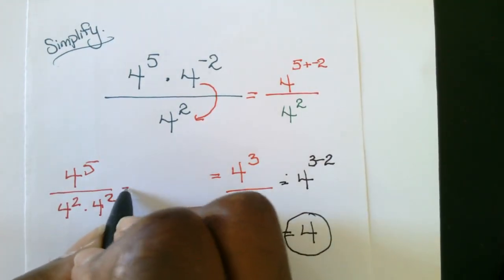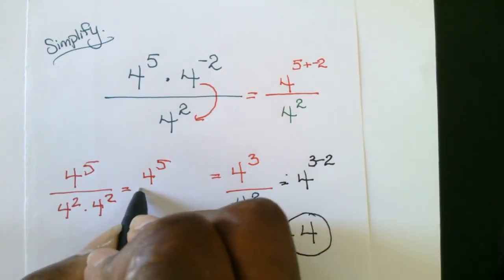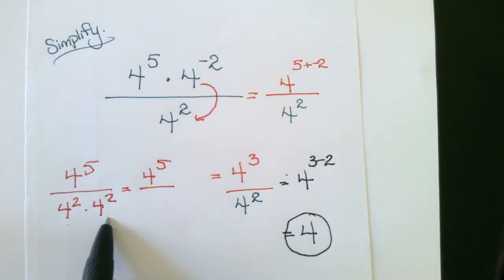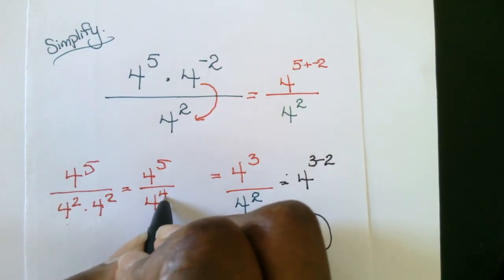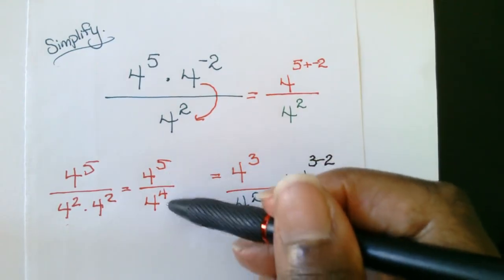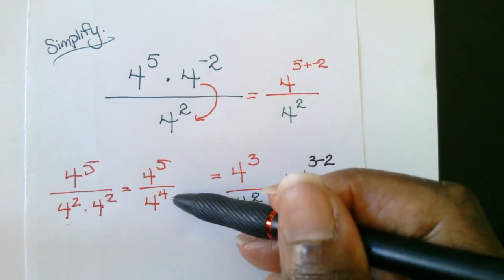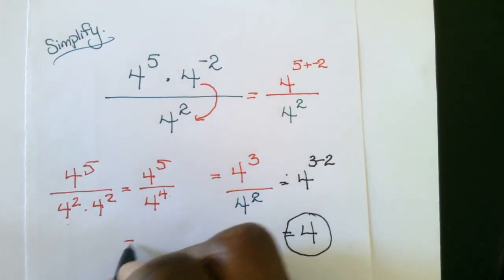With that, you have your 4 to the fifth over, you're multiplying, so you add the exponents. So that will give us 4 to the 4th power. Then you can divide. When you divide, you subtract the exponents. So 5 minus 4, that still gives me 1.